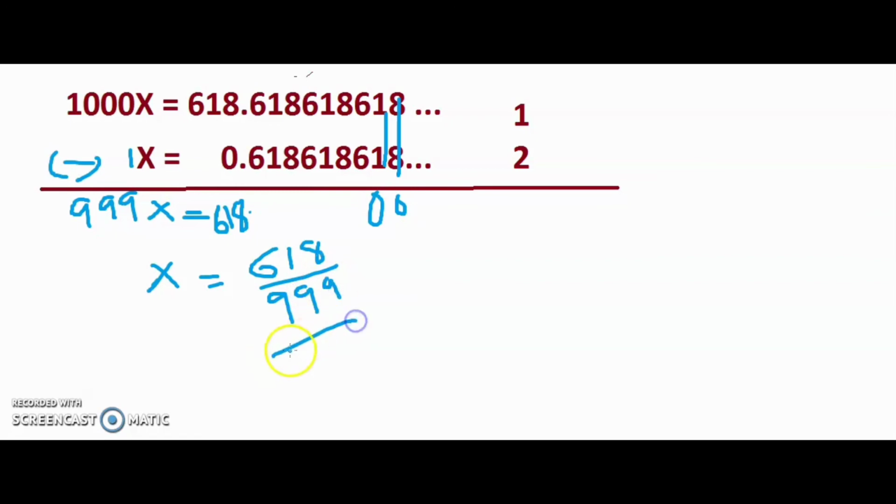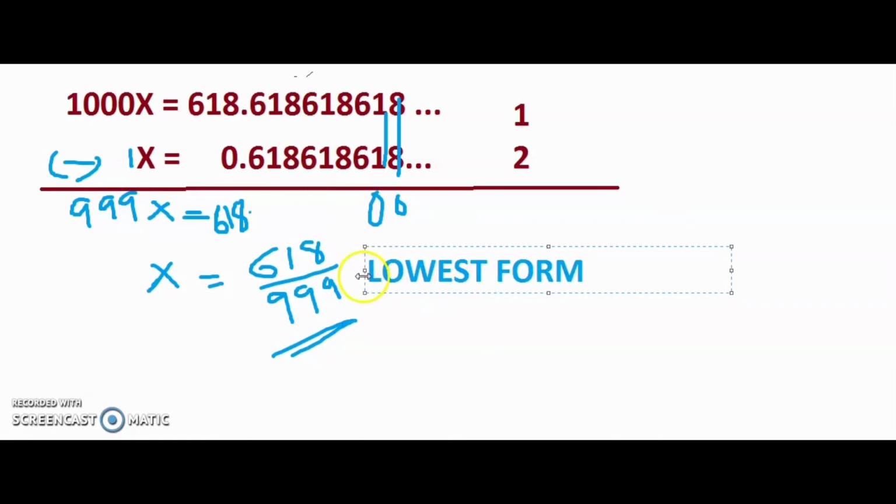Now we got the fractional form, but it is not in the lowest form because both are multiples of 3. To check the multiples of 3, use the divisibility test of 3. Okay, so both are multiples of 3.